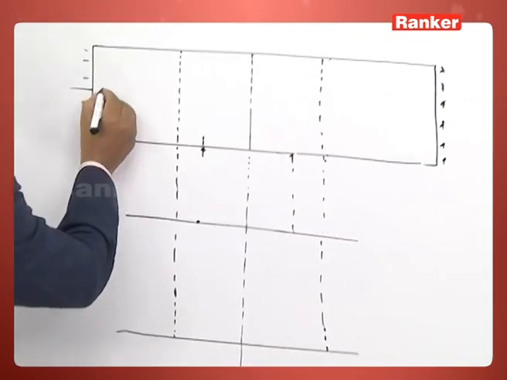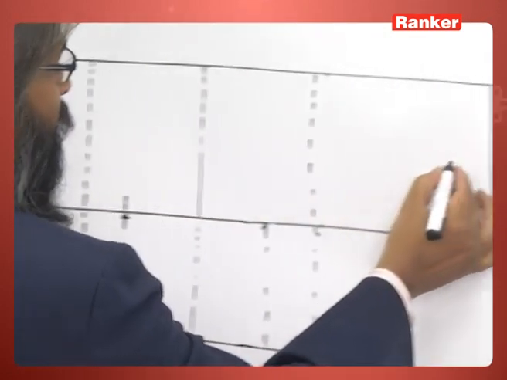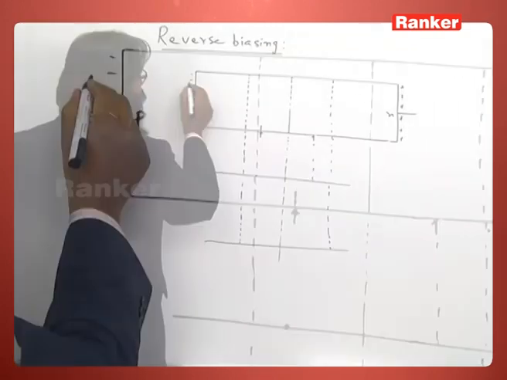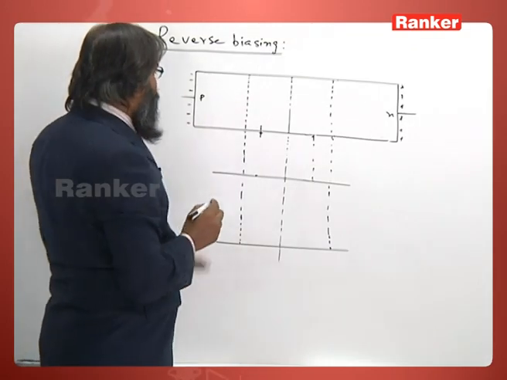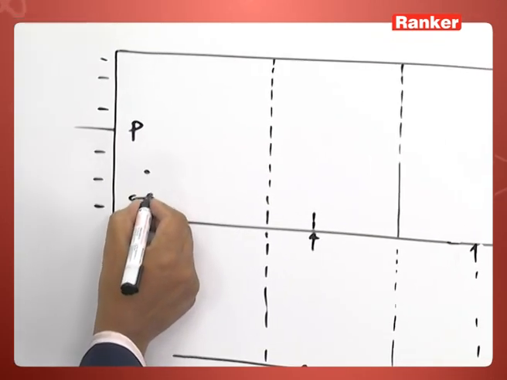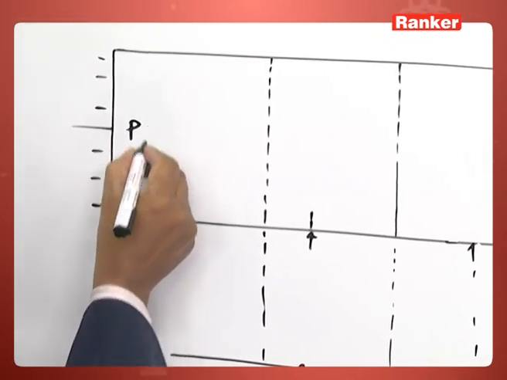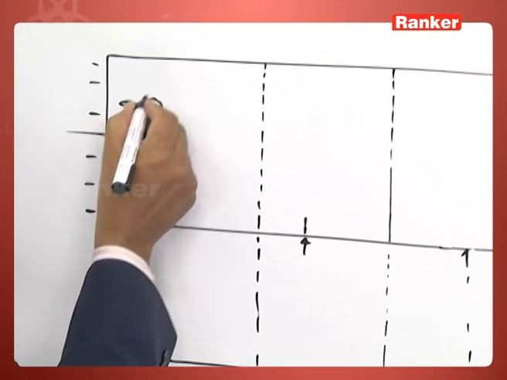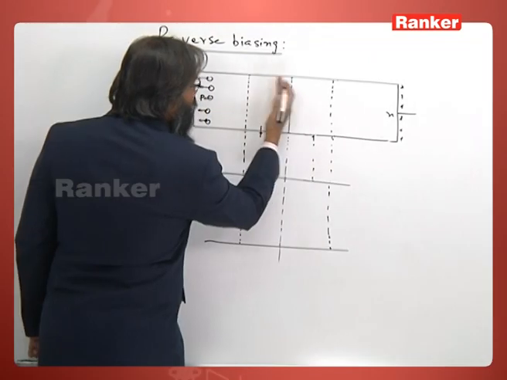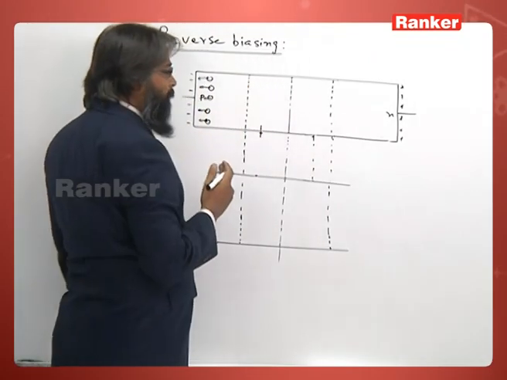So this is my P type and this is my N type. We have applied a negative potential on this P side. As a result, these holes are attracted towards this, and so the initial position of this depletion layer was here, now it has moved here.